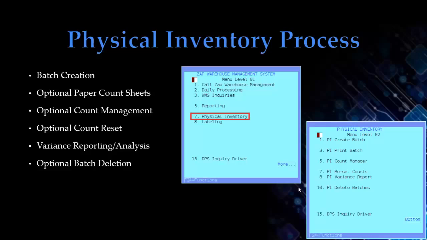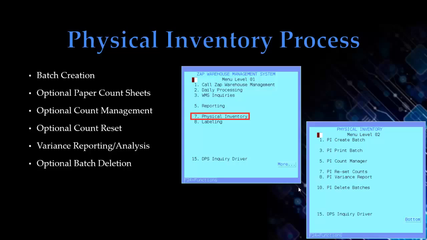This eliminates a manual freeze step, which allows for the passing of time between the batch creation and the actual initiation of the count. Now, this will enable all the count processes to take place while normal warehouse activities such as your picking and your receiving and shipping, whatever it may be, can still continue during the physical inventory count process.